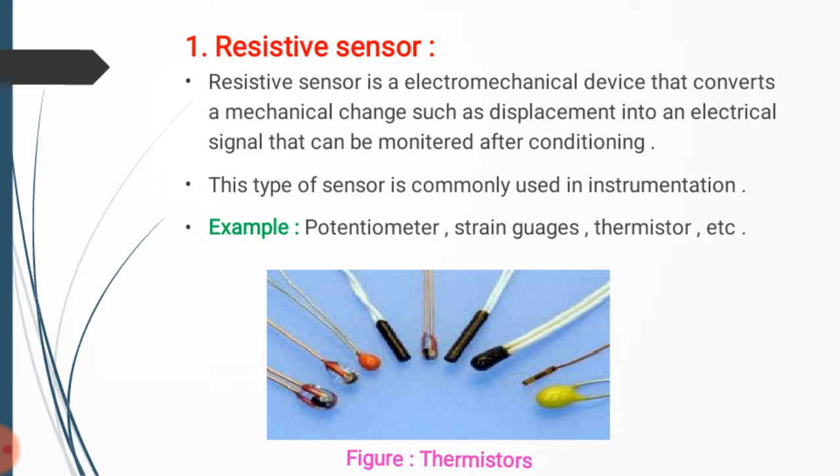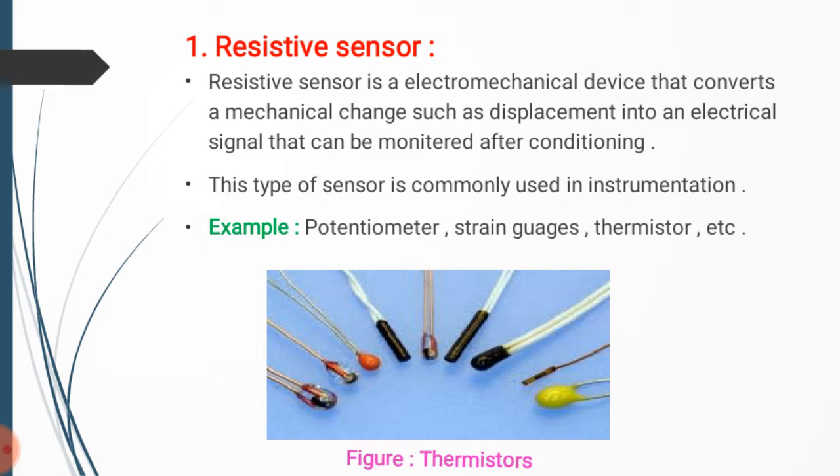The thermistor is a temperature sensor. In the thermistor, the physical quantity that changes is the temperature, so we get a change in the resistance due to the change in temperature. The thermistors are shown in the figures.